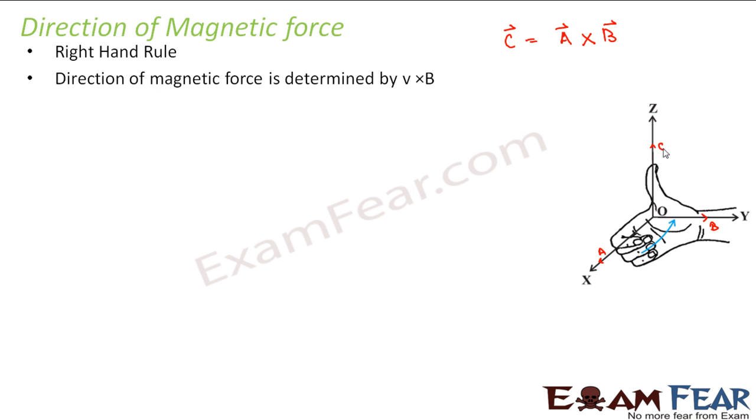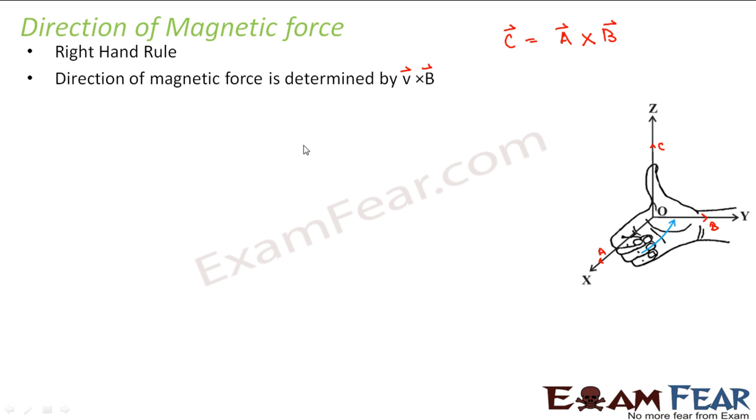What will determine the direction of magnetic force? As I told you, magnetic force is given by Q into V cross B. So basically this cross product of velocity and magnetic field will determine the direction of magnetic force. Whenever you have a diagram where the charged particle is moving in some direction, that becomes the direction of velocity.